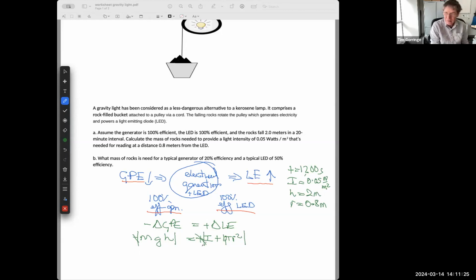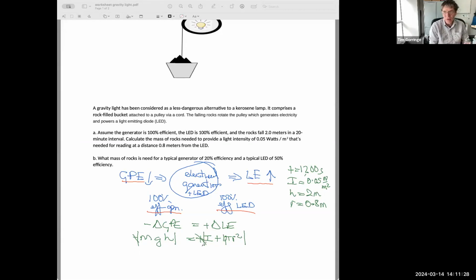And by doing that, every quantity that we plug in will be positive, and our mass will naturally come out to be positive. If we wanted to keep track of the signs like I started with, you could do that too. You would want to make sure that your changing gravitational potential energy is itself a negative number by putting in an elevation that decreases by 2 meters. So you would plug in minus 2 meters. But to avoid dragging around lots of minus signs and plus signs, I'm just going to be thinking about size here.